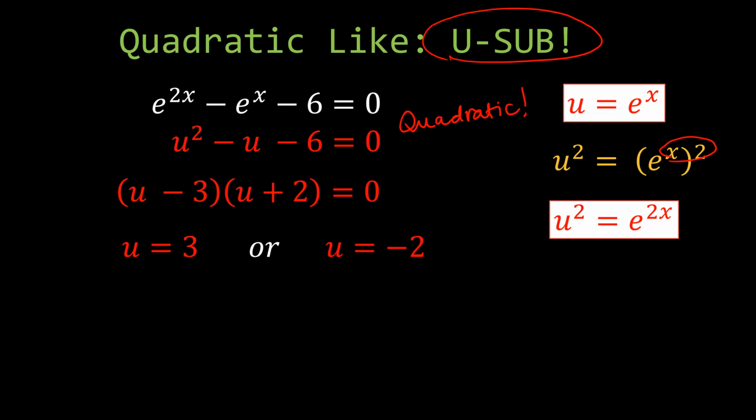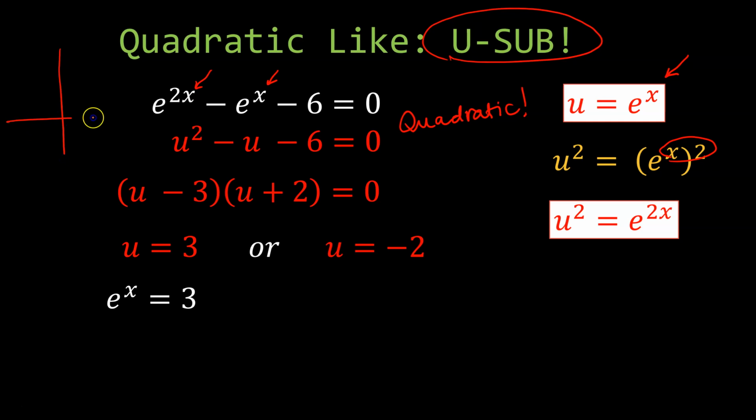But we didn't start out with u, we started out with x. So we got to go and solve for x. u is equal to 3, so e to the x is 3. And to undo exponent, we would use log. How do you know that there's a solution there?